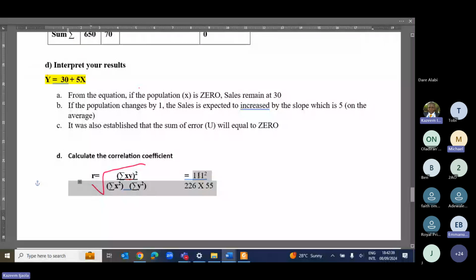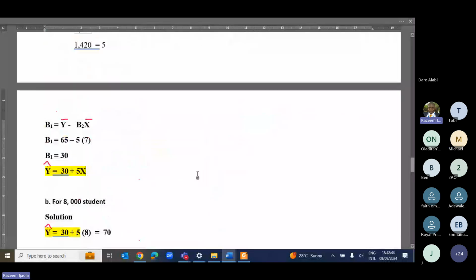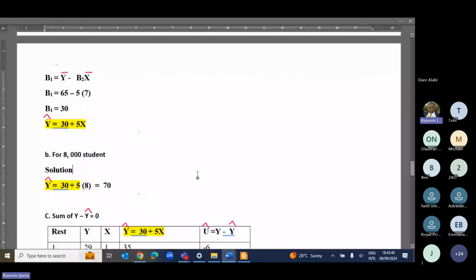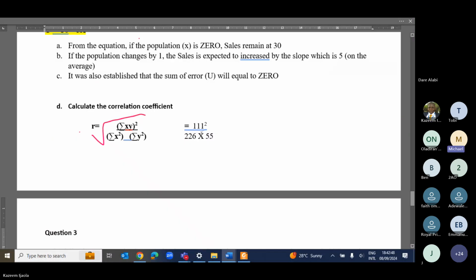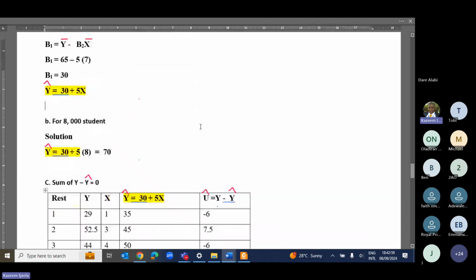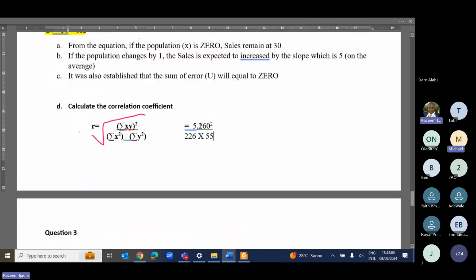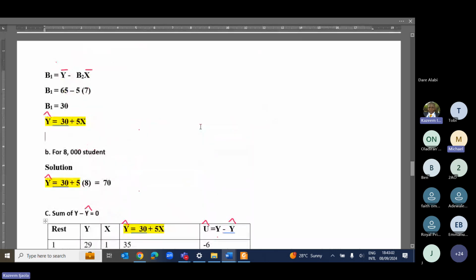Exactly. Okay. So what's our summation XY? XY is 5260. This one squared, divided by our x square. What is our x square? Our x square is 632.